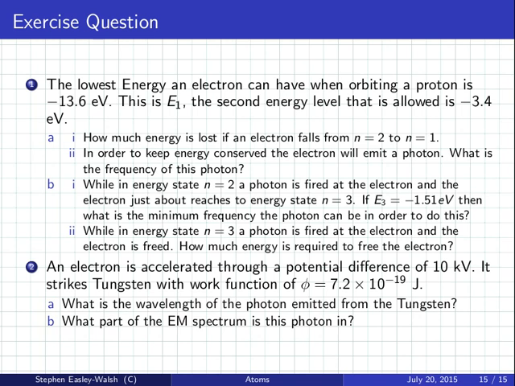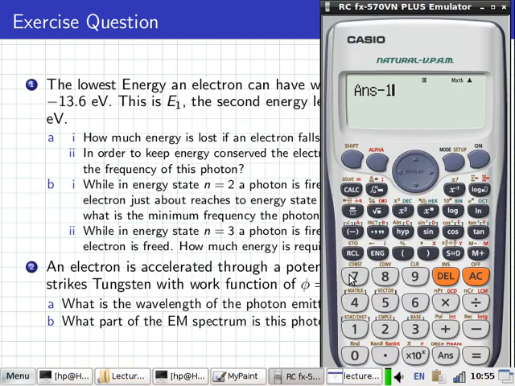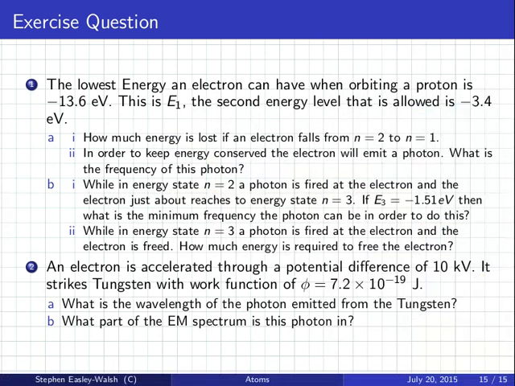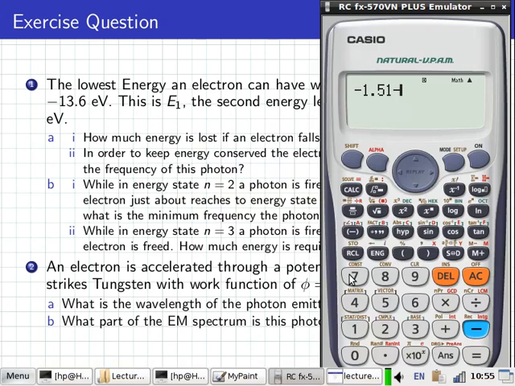State 2 is minus 3.4 electron volts, and state 3 is minus 1.51, isn't it? So I require 1.89 electron volts of energy.